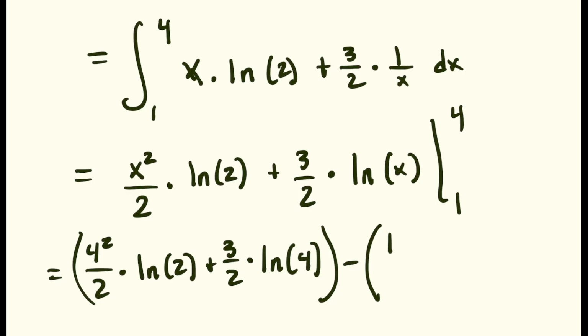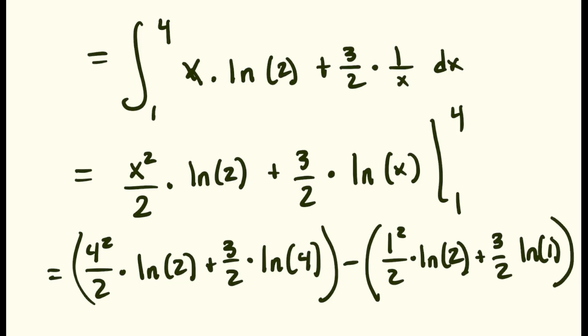And then we are subtracting 1 squared over 2 times natural log of 2 plus 3/2 natural log of 1. All right, again, natural log of 1 is equal to 0, so the second term there just vanishes completely.